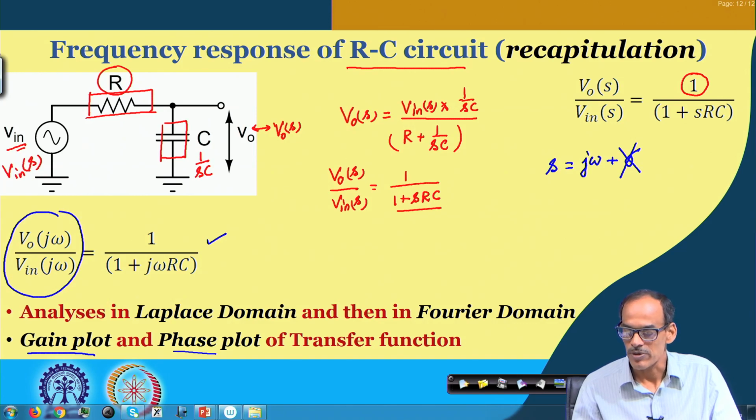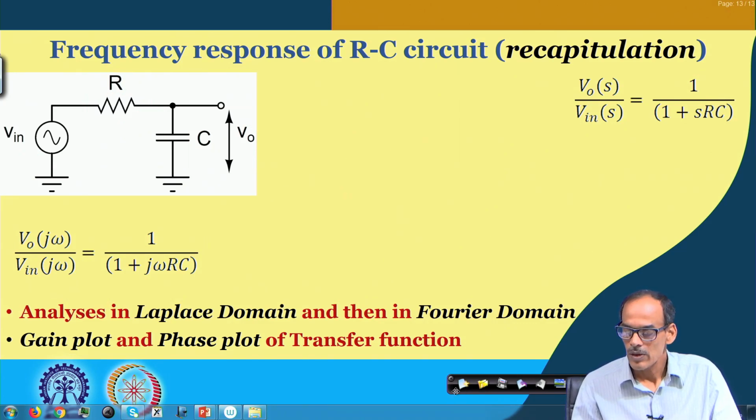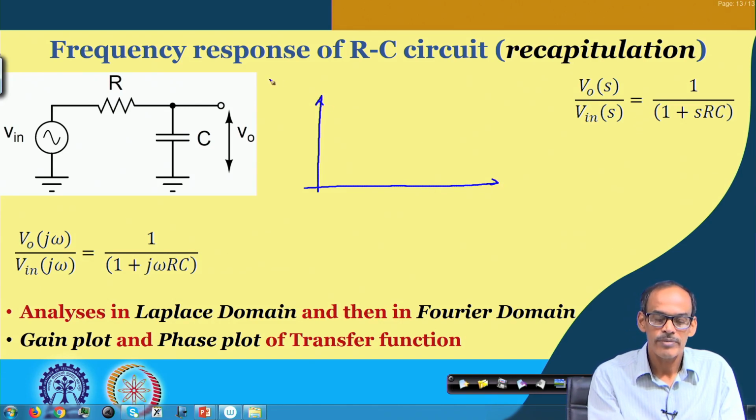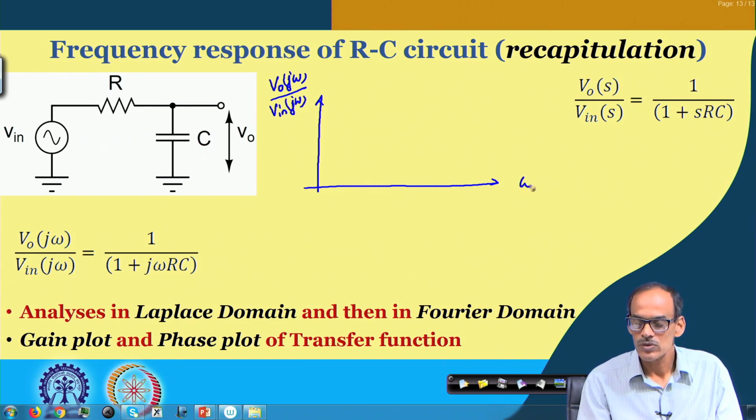Now, for this transfer function in the Fourier domain, again we can make the gain plot and the phase plot to get the frequency response. Here we can plot the magnitude of V O j omega divided by V in j omega with respect to omega.